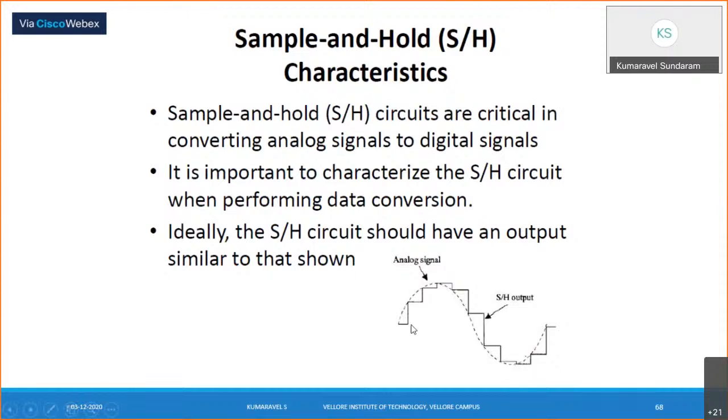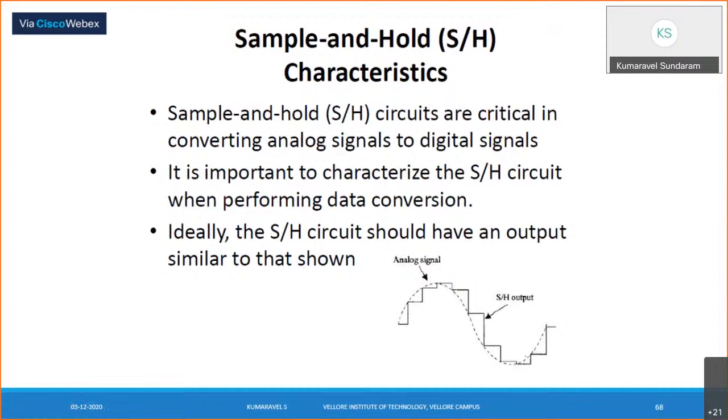So the dotted signal is going to be the analog signal. At each and every instant of time, the signal will be sampled, and that sample will be compared with the reference signal, and the digital conversion is going to happen. So this is for sample, and for a particular time, hold. At that level the signal will be held for a moment.